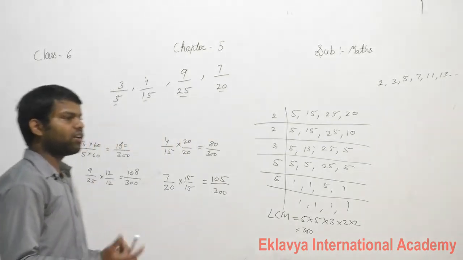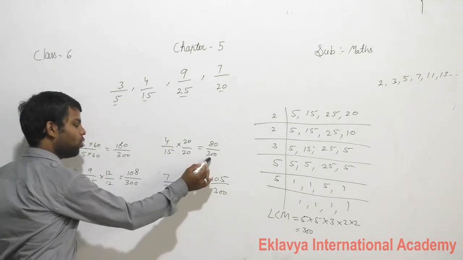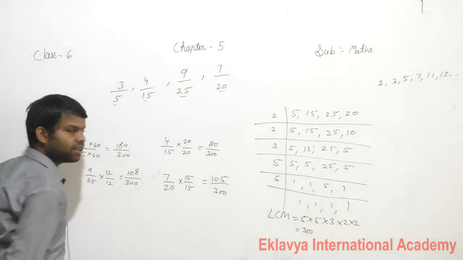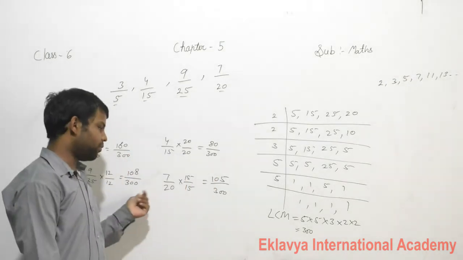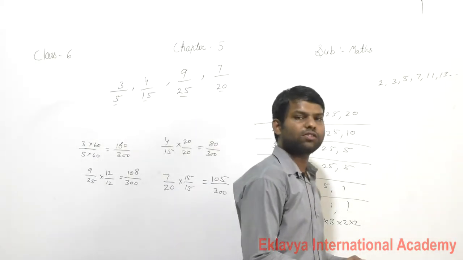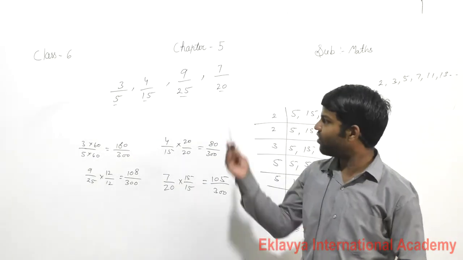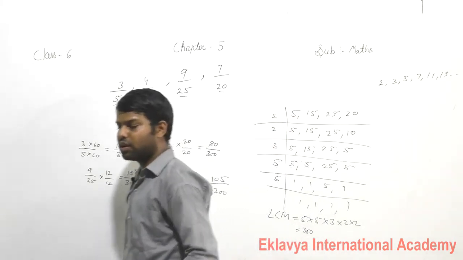Now to compare, we see these are all like fractions, because the denominators are the same. So from this method we can also convert unlike fractions into like fractions. Okay.